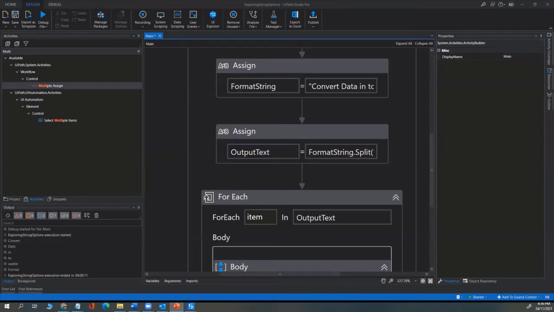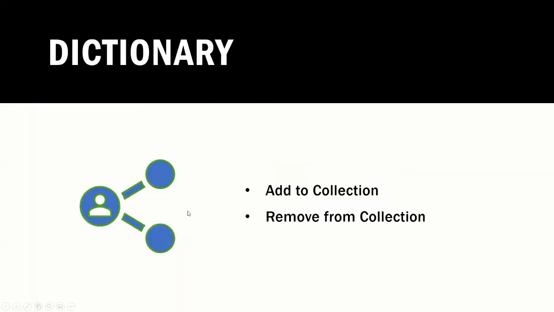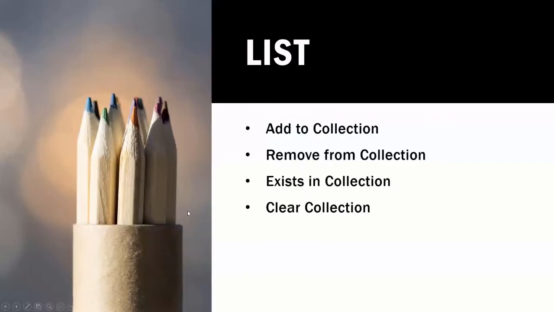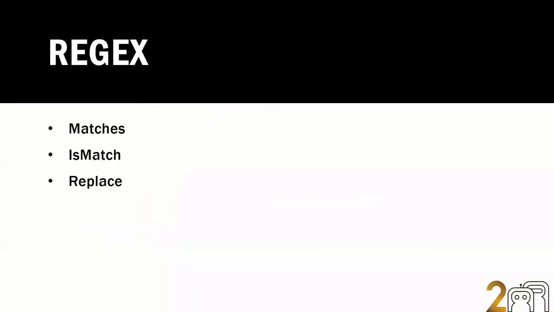All right. So next is list. It is used mainly to add to a collection. It is one of the collections, first of all. What are the other types of collections? Dictionary is also one type of collection.